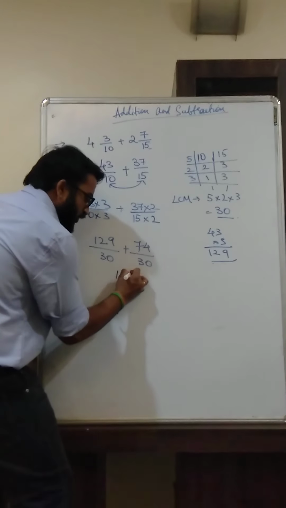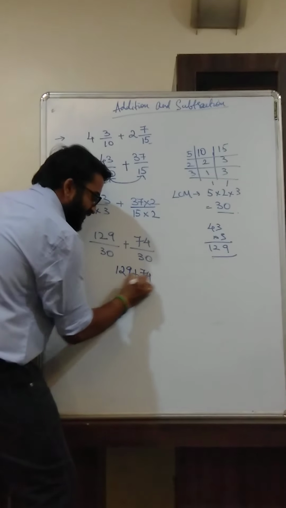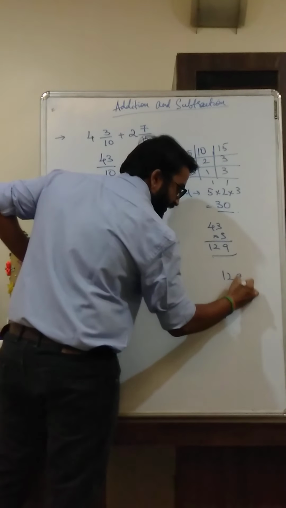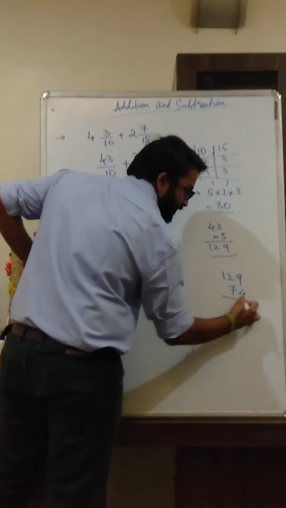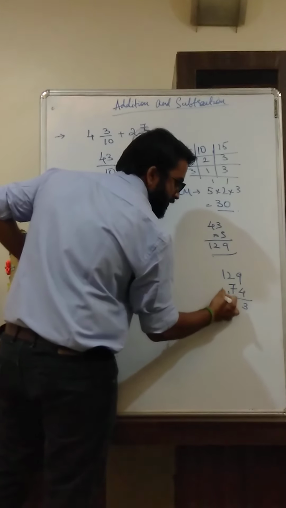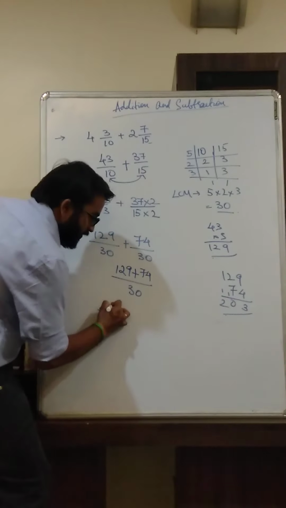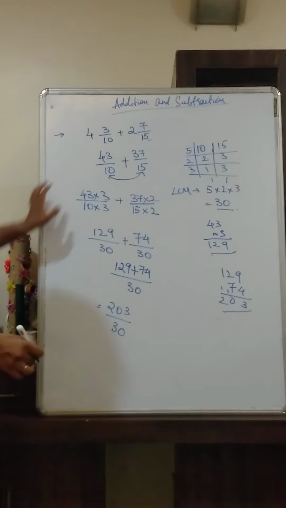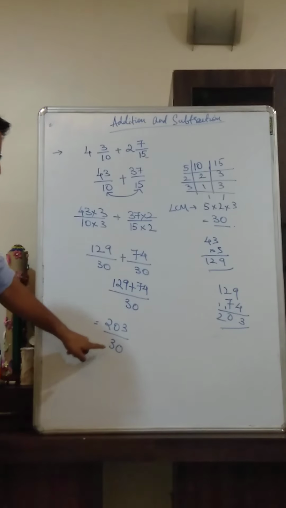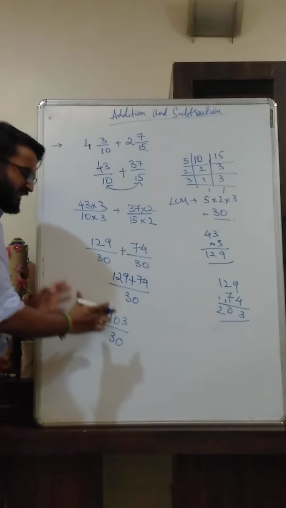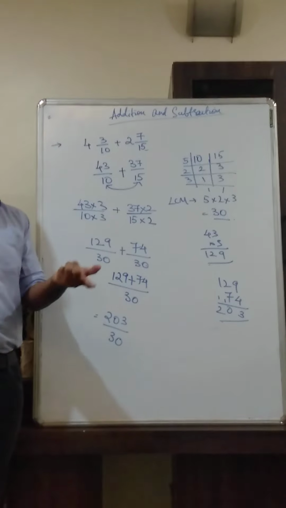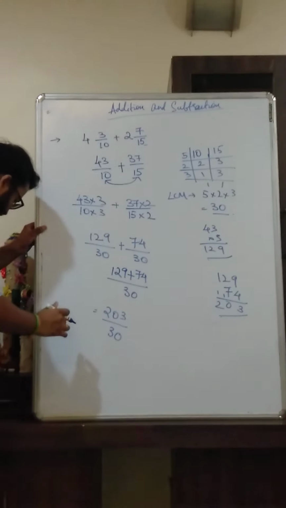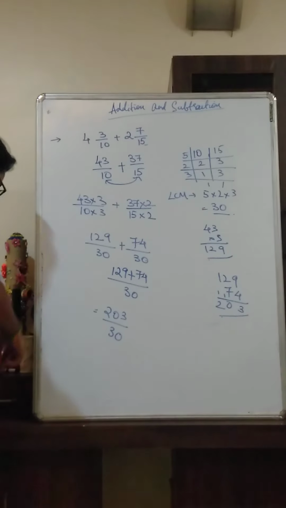So 129 plus 74 by 30. 203 by 30. So addition of these two fractions is this. You can either leave it like this, or you can convert into mixed fraction again. So it doesn't really matter. Now you understood the method now? Now we'll try to do one more example.